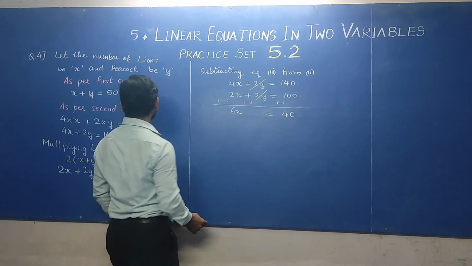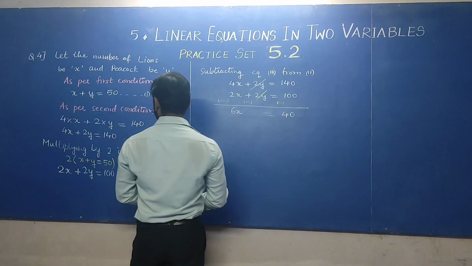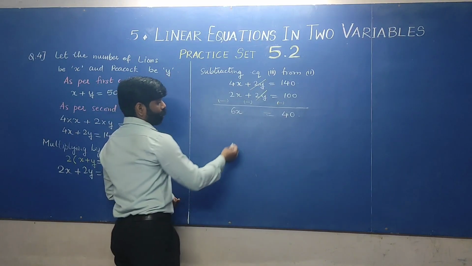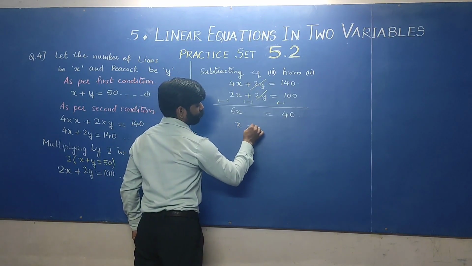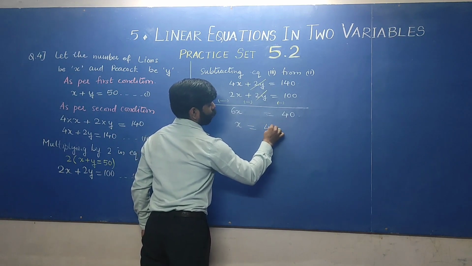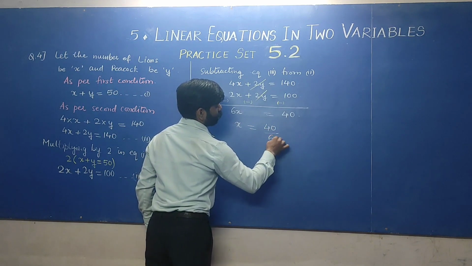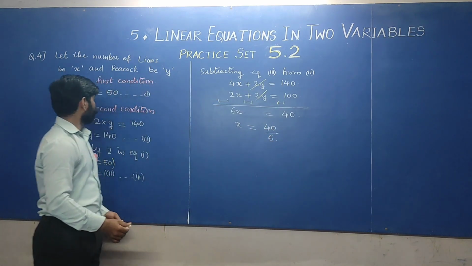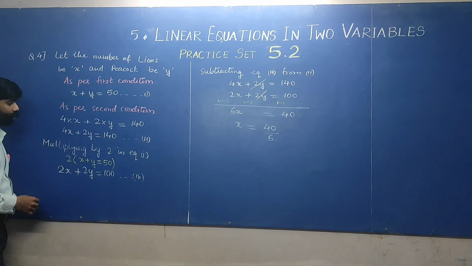Okay. Are we doing correct? Okay. So x is equals to 40 upon 6. Okay, students, 40 upon 6. So it is not solving, students. It is not getting solved.